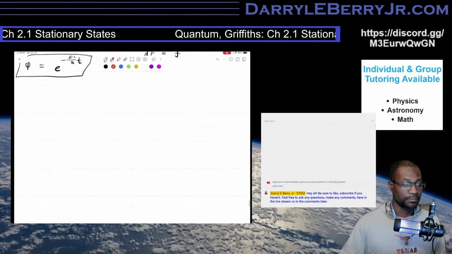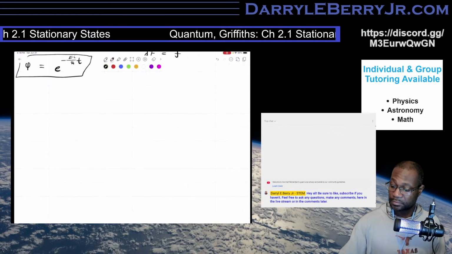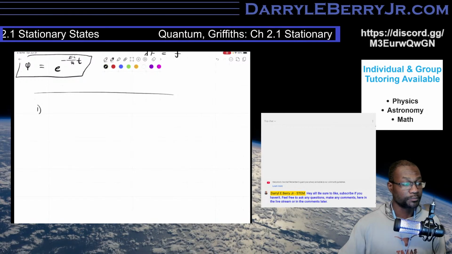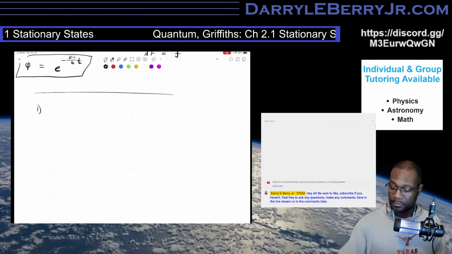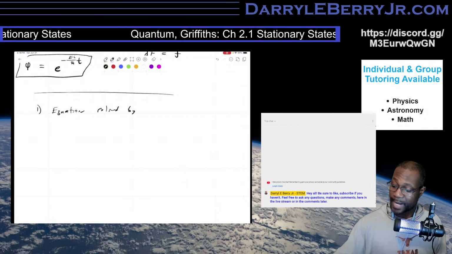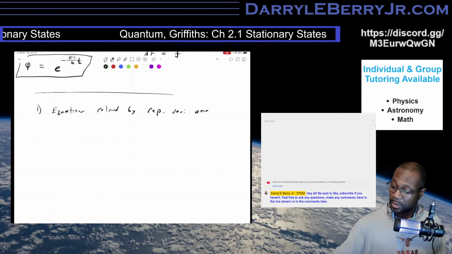So the first thing we can look at is that equations solved by separation of variables are stationary.